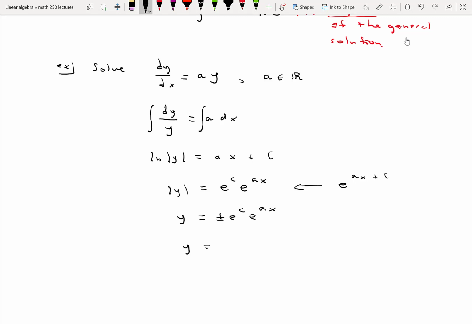So y equals some constant times e to the ax. This differential equation happens so often that a lot of students just memorize the solution. I would recommend it if you're a science major, which is most likely what you are. Some computer science majors take this course for some reason. I don't get it.